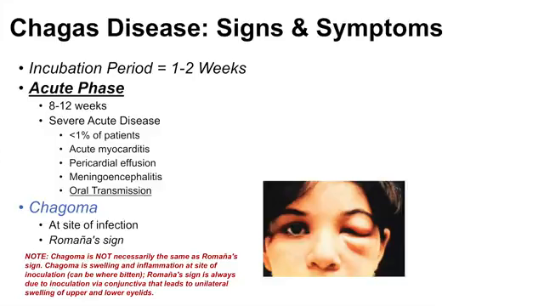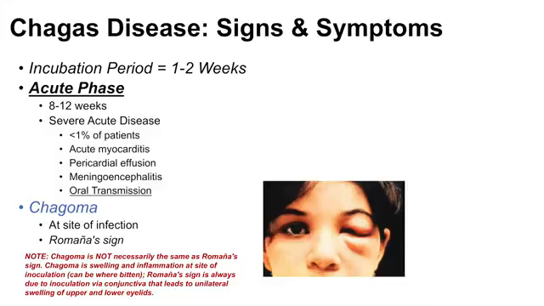So when someone wipes their face or wipes the fecal material of the triatomine bug into their eyes, it can lead to a swelling, and that swelling is known as a chagoma. And Romaña's sign is when both the upper and lower eyelid are swollen.